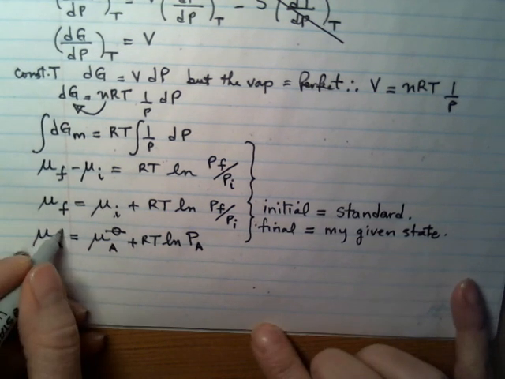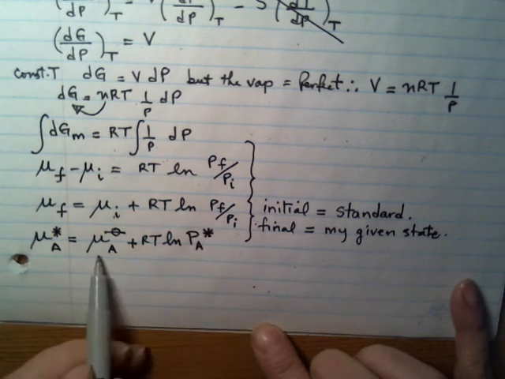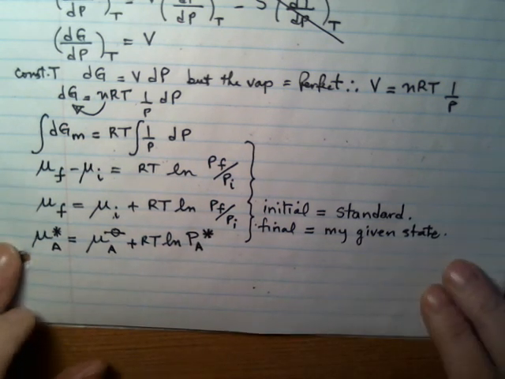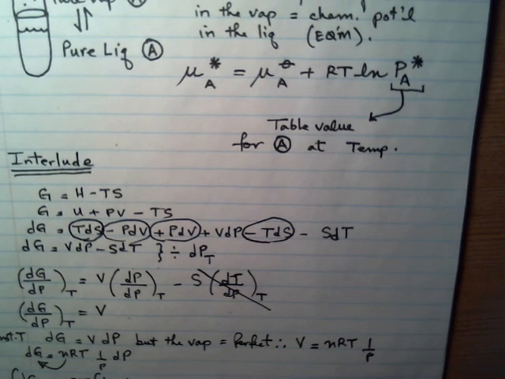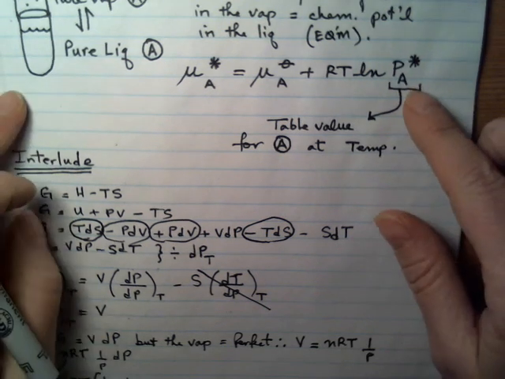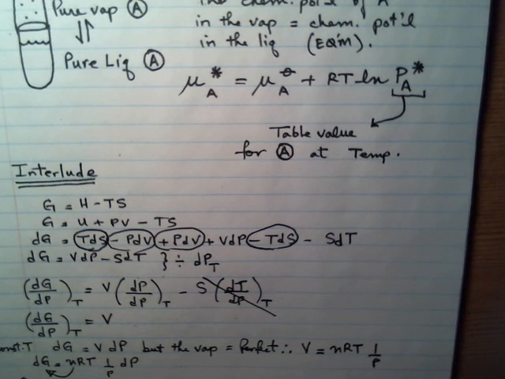So I'm talking about a pure state, and it's always related back. And lo and behold, that's what I have up here. Isn't that awesome? Okay, that's my interlude. Now, that is my pure state. We are ready to make a liquid mixture. The next part is the last part.